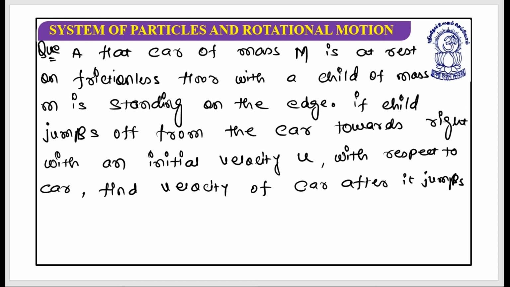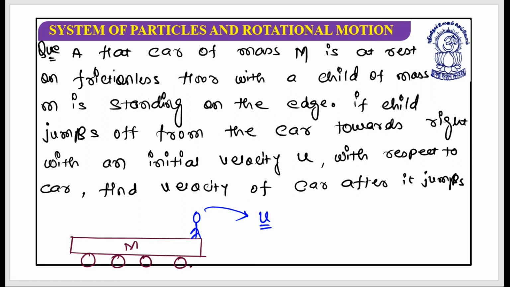So what would be the situation? The situation may be something like this, that this was the car. Let's say, yes, we have a very big car. So this is the car having mass M, and here you are standing. Initially both the systems are at rest. You are standing on the edge, and let's suppose you have jumped off in this direction with a speed of u, but this u is not the absolute speed.